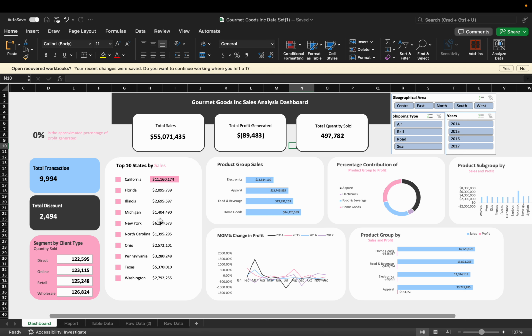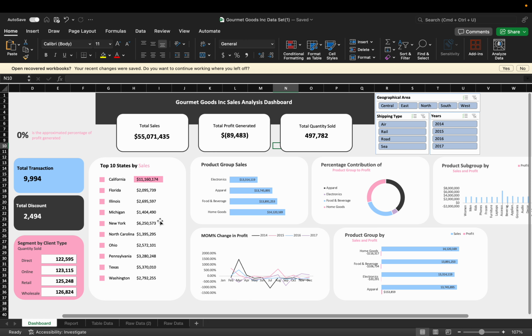California definitely tops the chart, with over $11 million in sales, and we can dive into the other states. We have the likes of New York, Texas, Florida, and so on.